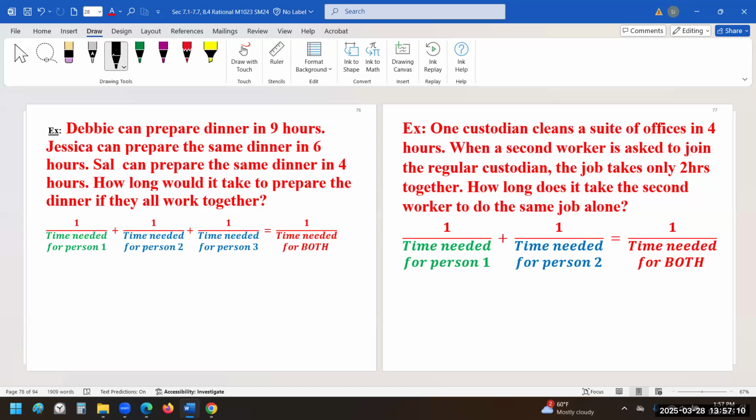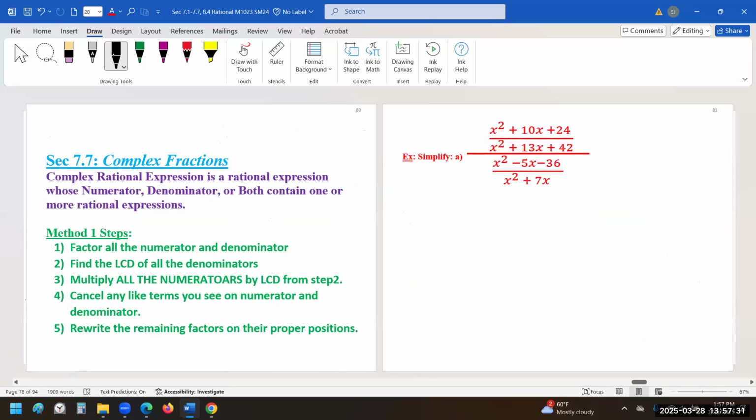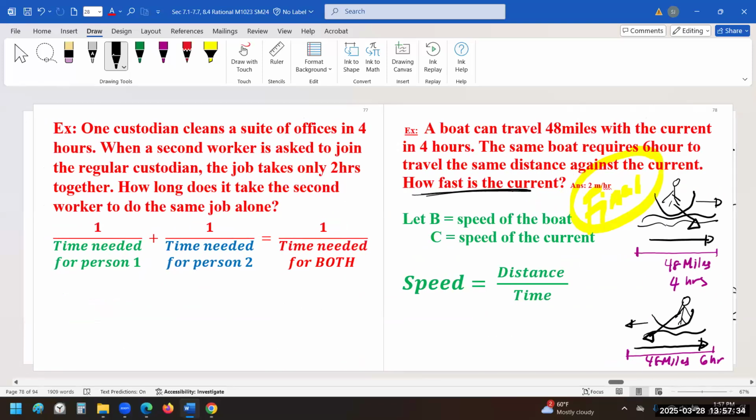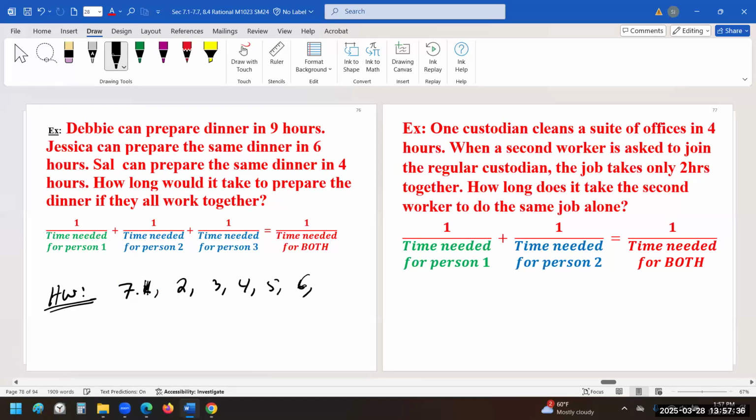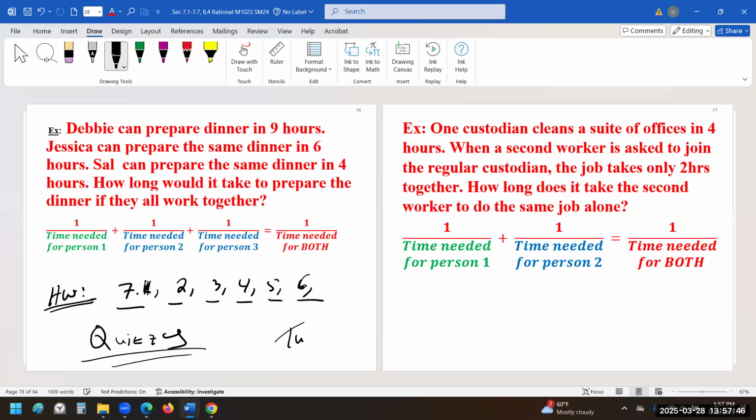Let me take the attendance. Oh, before you go, make sure you have your homework for Tuesday. If you haven't done 7.1 and 7.2, it's 7.1, 7.2, 3, 4, 5, 6. And this is 6, right? Yeah, the next one is 7, we're going to do later. So you have 1, 2, 3, 4, 5, 6 homework, including all of their quizzes, on Tuesday.